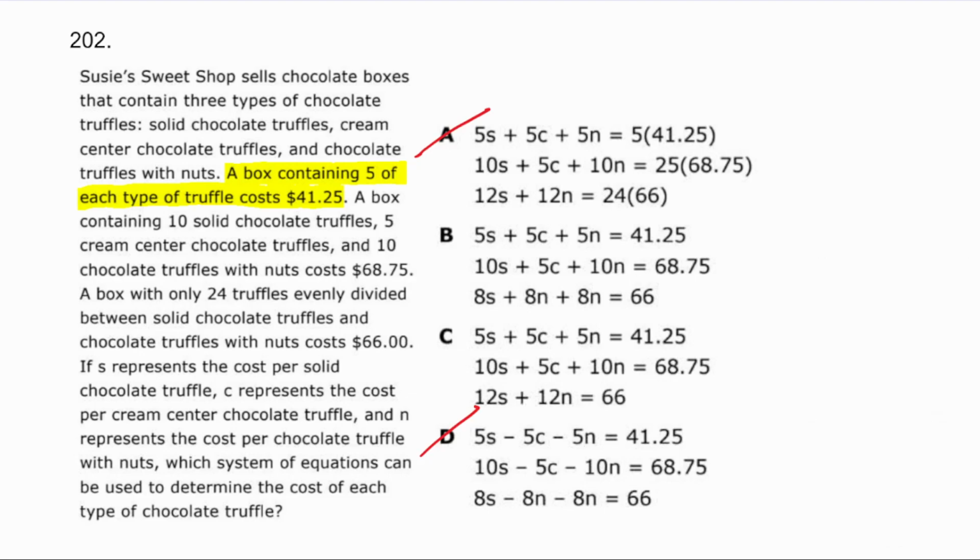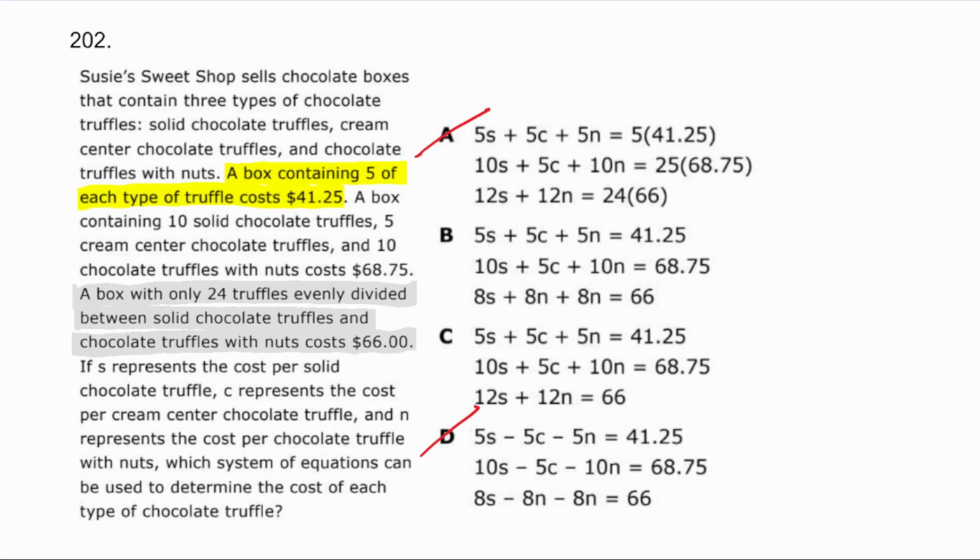Okay, B and C have the same second equation, so I'm not even going to look at that sentence that's talking about 6875. I'm going to move on straight to the third equation. And that third equation is going to come from a box with only 24 truffles evenly divided between solid chocolate and chocolate truffles with nuts. That's 66.